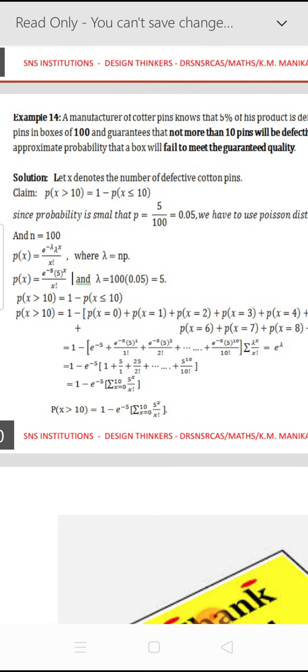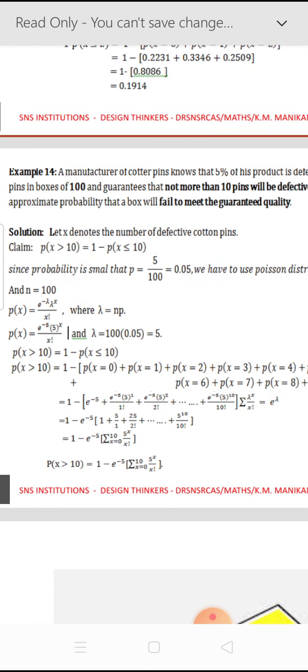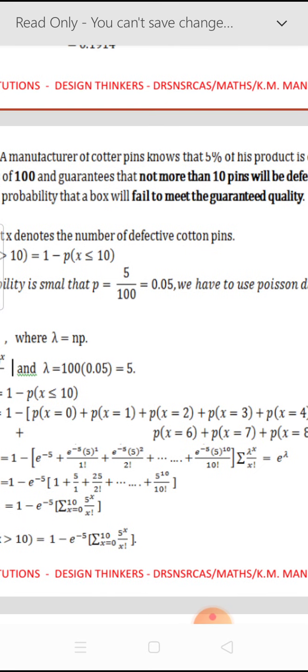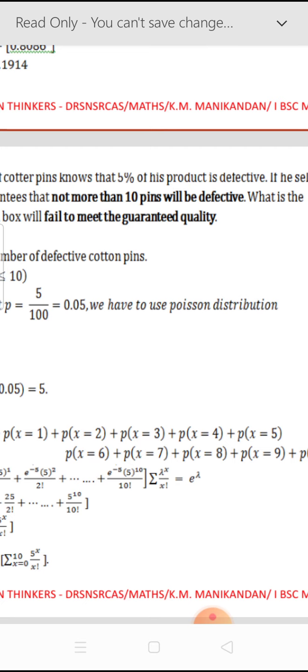So next we see one more example. A manufacturer of cotter pins knows that 5% of his products are defective. So the chance of a cotter pin being defective is 5%.